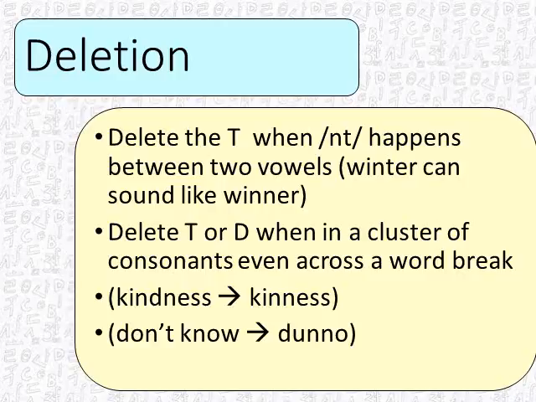So "don't know," "dunno." As you can see, the T's and D's tend to disappear out of the language quite a bit, and that's how we end up with things like "I don't know" sounding like "I dunno."